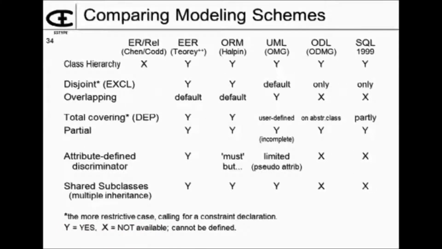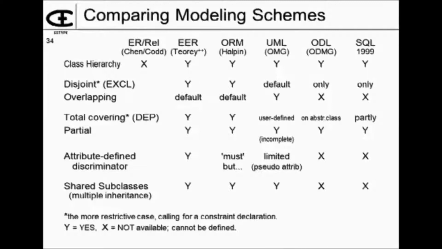So here are some various modeling schemes that do include the notion of subtypes and supertypes. Now the detail here isn't that important, but let me just say we've got disjoint versus overlapping, that's the exclusivity characteristic. We've got a total versus a partial covering, that's the dependency characteristic.